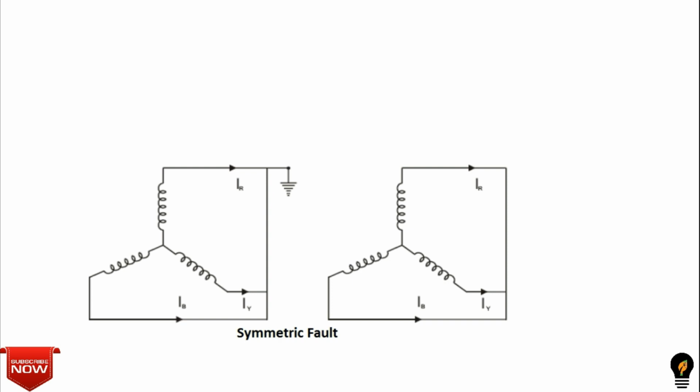Let us understand with the help of circuit diagram and waveform. So, here you can see when triple LG fault occurs, all the three lines are short with ground. And when triple L fault occurs, all the three lines or phases are short with each other. Let us see the waveform.